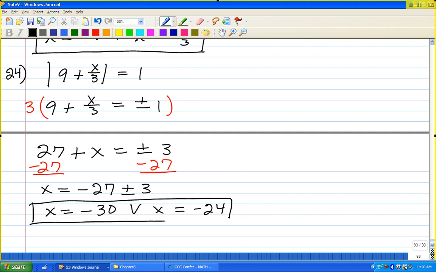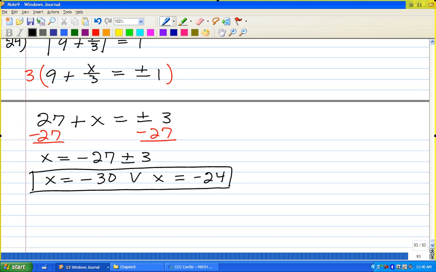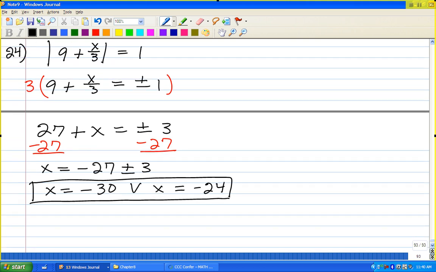And those are my solutions. Any questions about that? Okay, so that's really how to solve these absolute value equations. Let's start to look at absolute value inequalities.